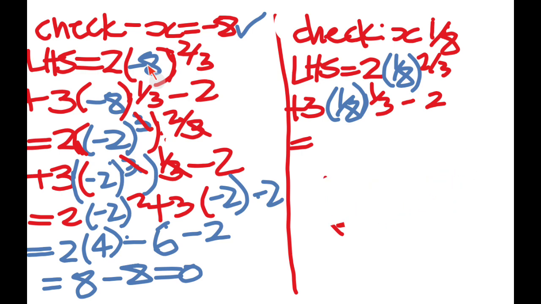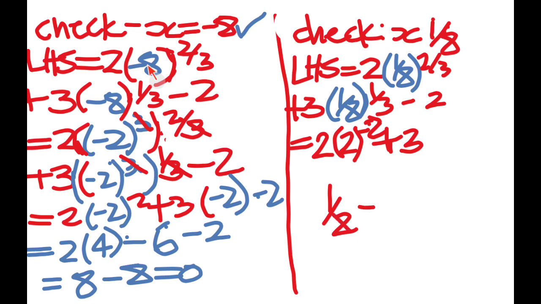So that is 2 times 2 to the power of negative 2, plus 3. Same there, 1 over 8 is equal to 2 to the power of negative 3.